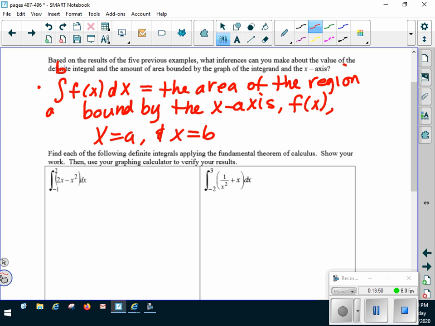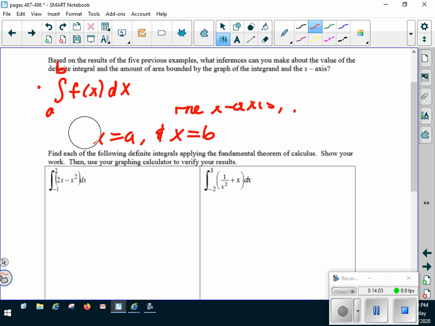That's what we're finding when we actually do an integral. Now, every one of these is going to have that part at the beginning.